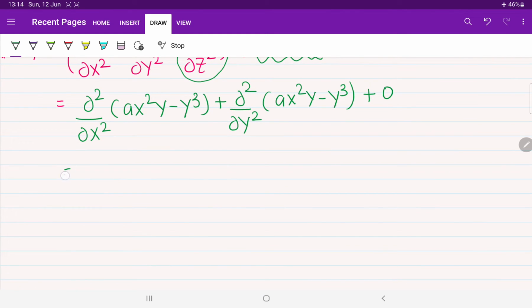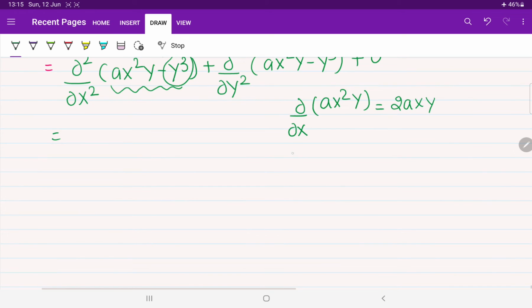Now let us see, first we differentiate this whole function with respect to x, 2 times, because dou square by dou x square means 2 times. The second quantity will be 0 because there is no x quantity. But in the first quantity a x square y, one time differentiation with respect to x will give you 2 times a x y.